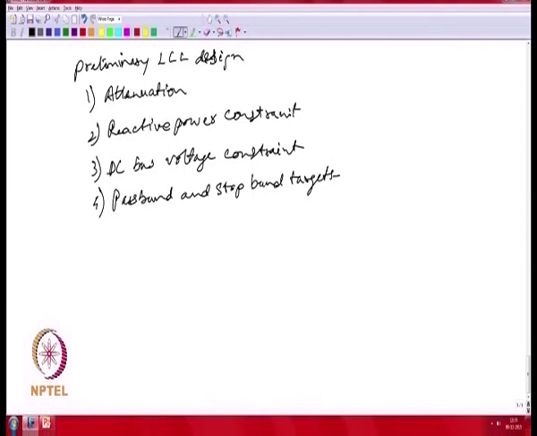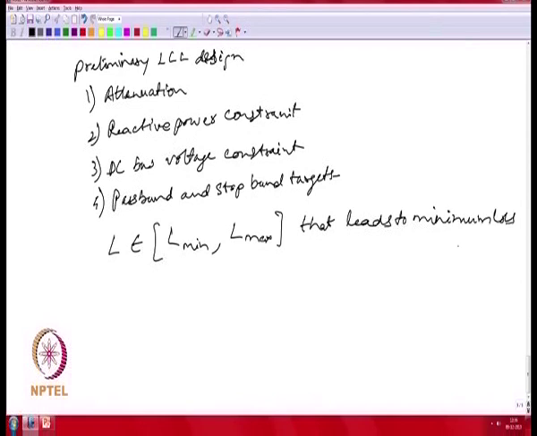value of L. So, you could select a value of L that leads to minimum loss.